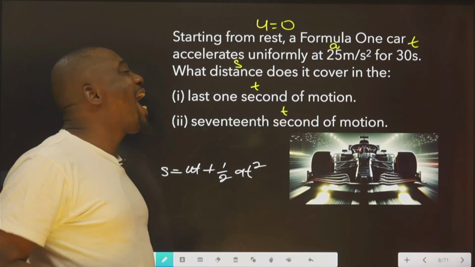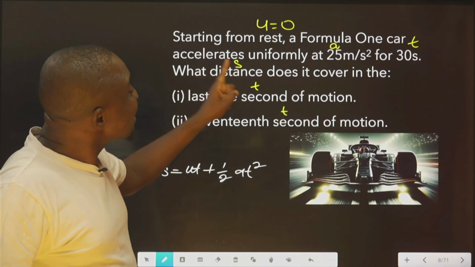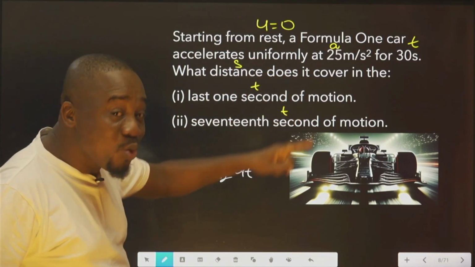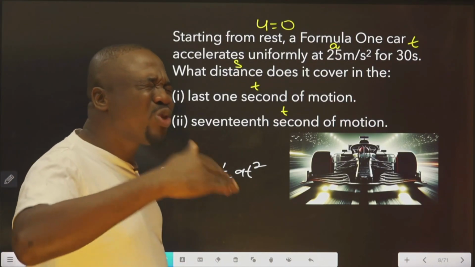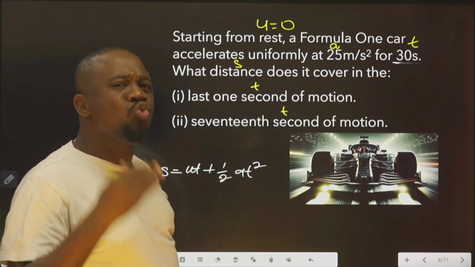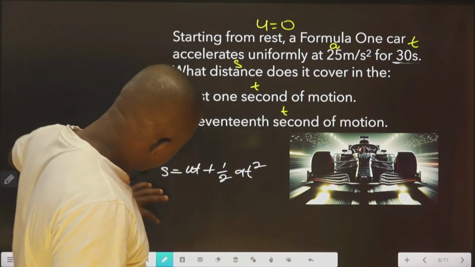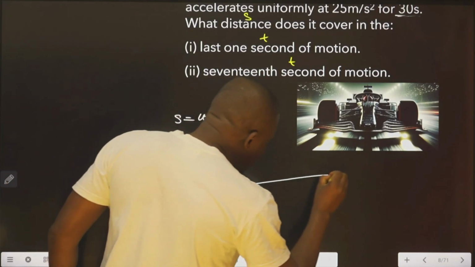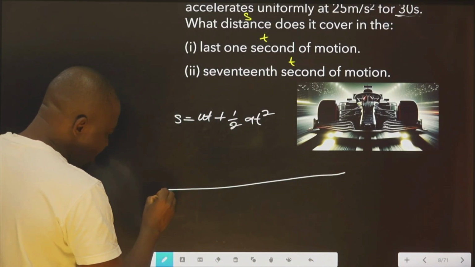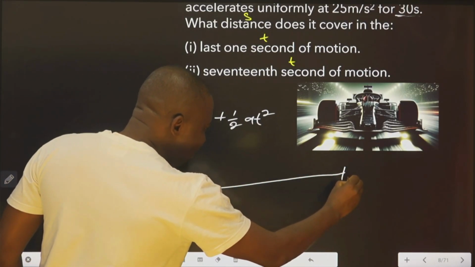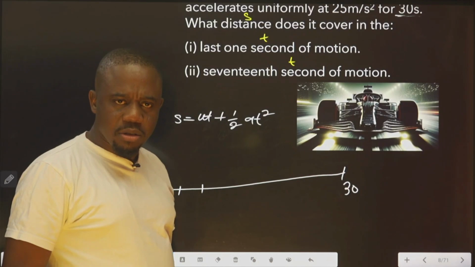Now, what distance does it cover in the last 1 second? In the last 1 second, but we are looking at 30 seconds. If this is the time, let's say this is 0, 1, 2, 3, 4, 5, up to 30 seconds.